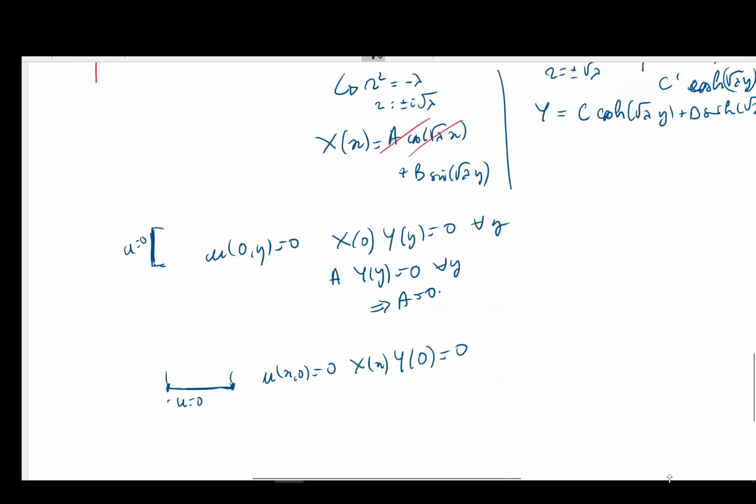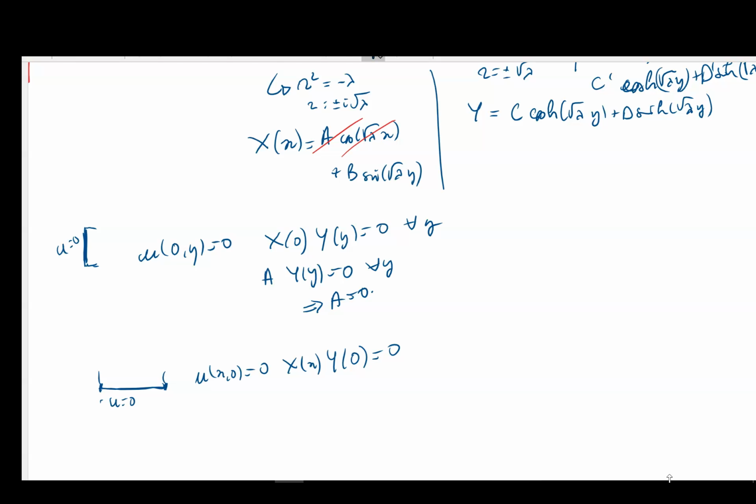So what do I get? I get in particular that sinh of 0 is equal to 0, so I'm only getting the c. Y of 0 is just c, so I get that c X of x is equal to 0 for all x. That implies that c is equal to 0.